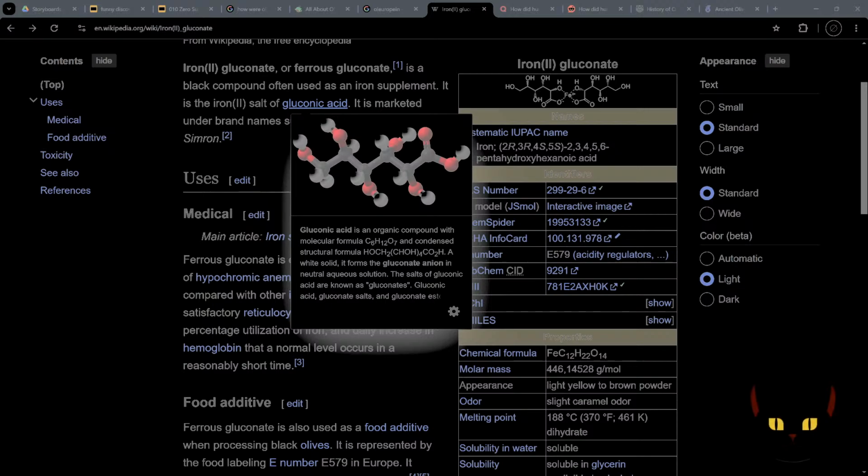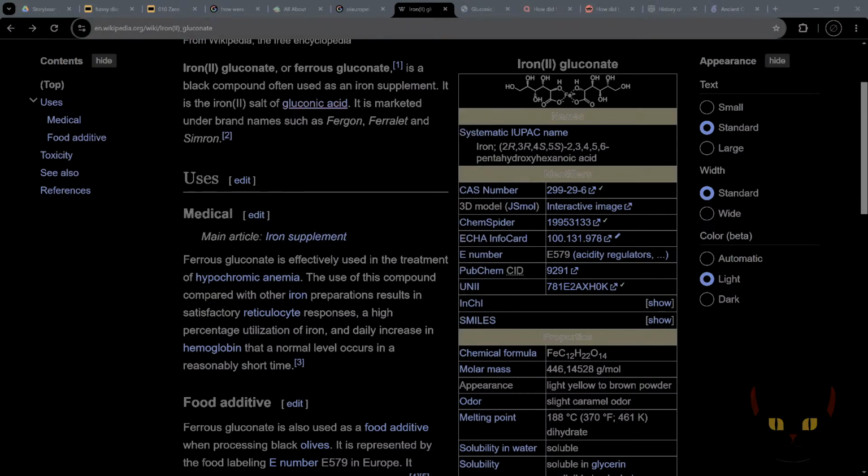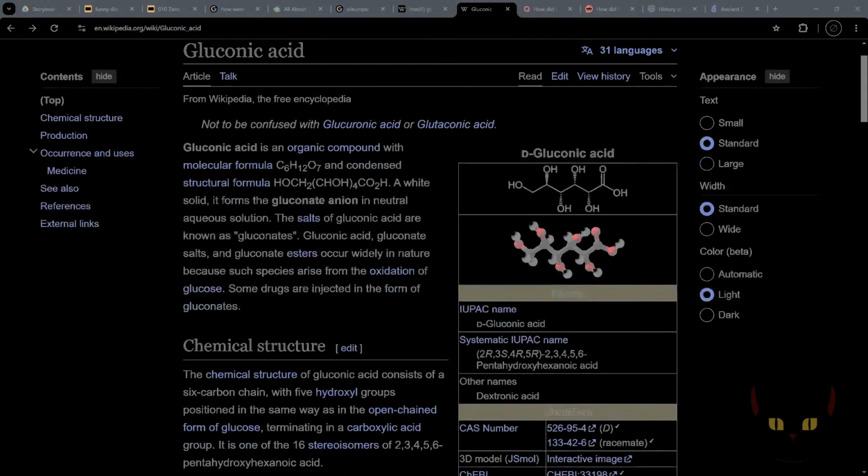Sucrose is made out of glucose and fructose. But glucose is a ring. I mean, I guess it kind of resembles these rings. Right, see, gluconic acid.